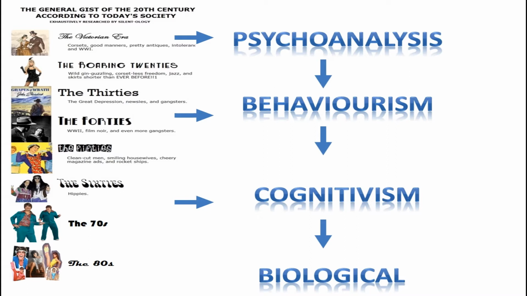Now, I won't give you a rich understanding of each of these, as you'll be getting that as part of your degree in general. What you'll get from me is an overview of how these schools sit in a historical context. But it's important to remember this sequence. So it's psychoanalysis, then behaviorism, then cognitivism, then biological.